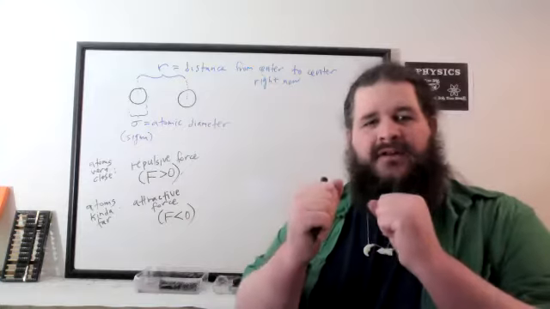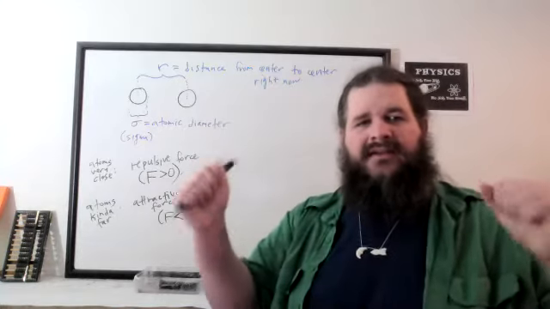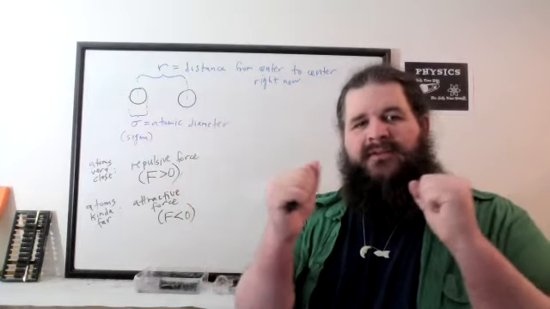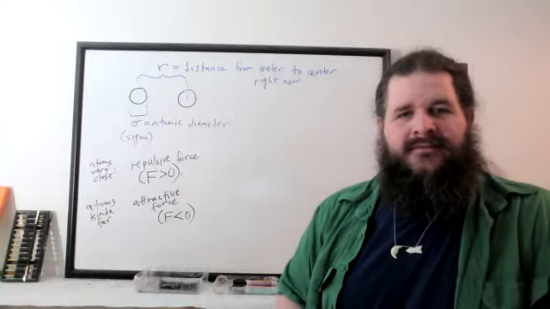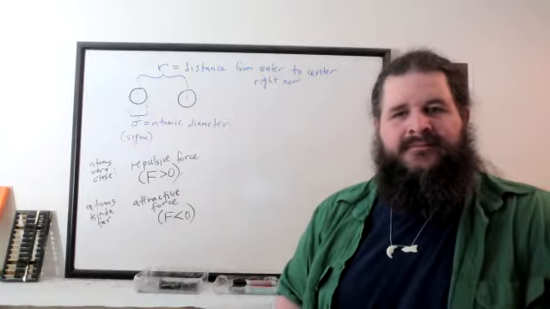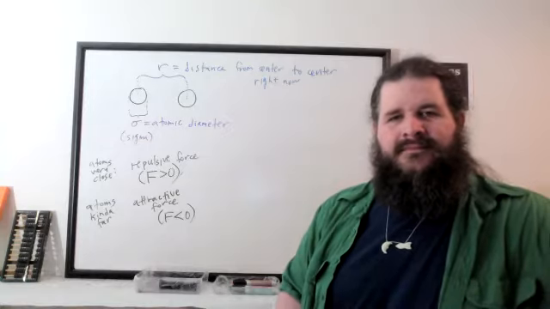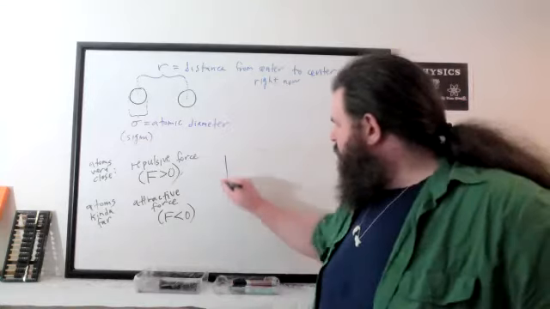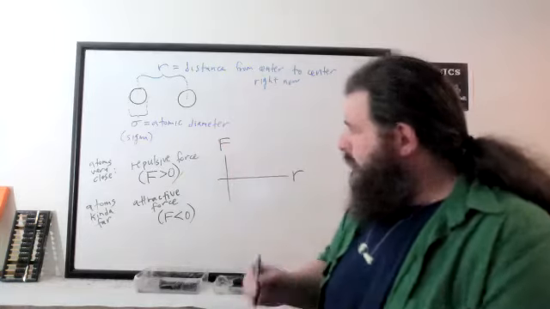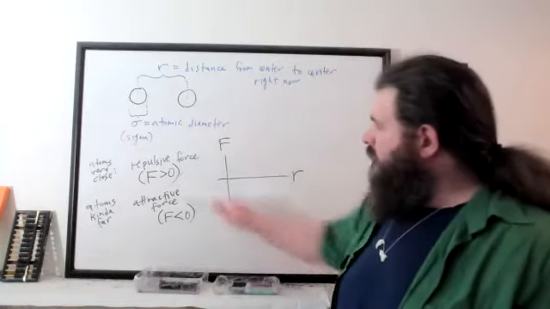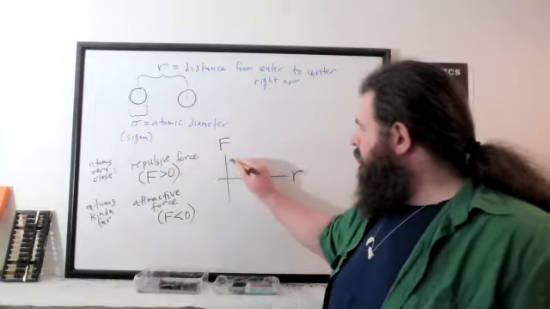And if very close means repulsive, but kind of far means attractive, what would you expect to happen at some specific distance between very close and very far? If you've got, let's imagine graphing this, distance versus force, we know if the atoms are very close, if R is very small, the force is going to be positive.